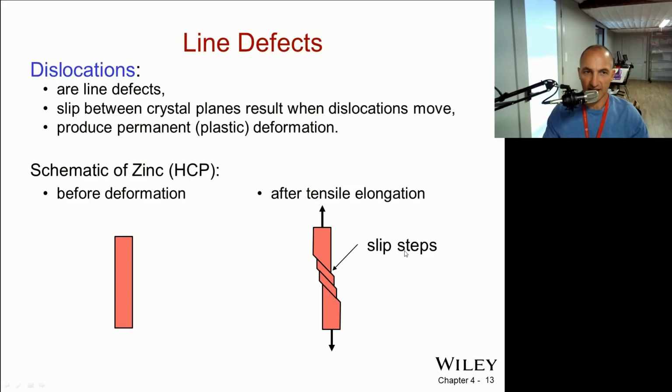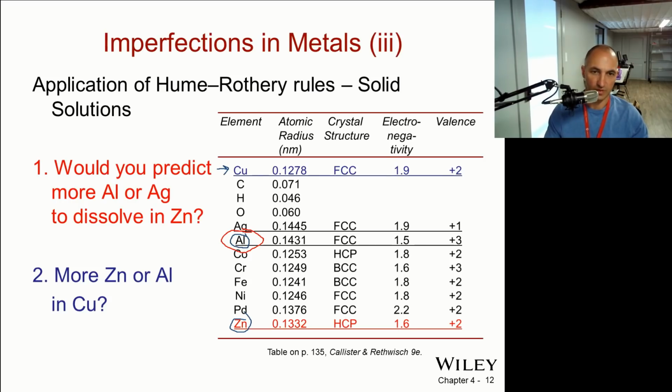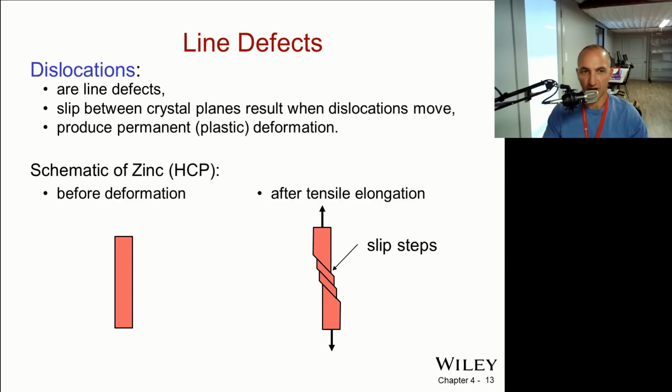All right, let's look at line defects. Line defects are called dislocations in crystals. This is slip between the crystal planes and results when dislocations move. They produce permanent plastic deformation.